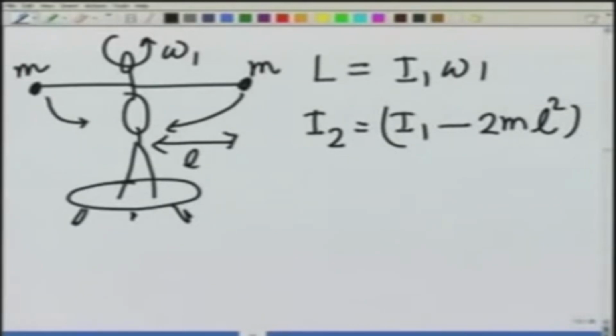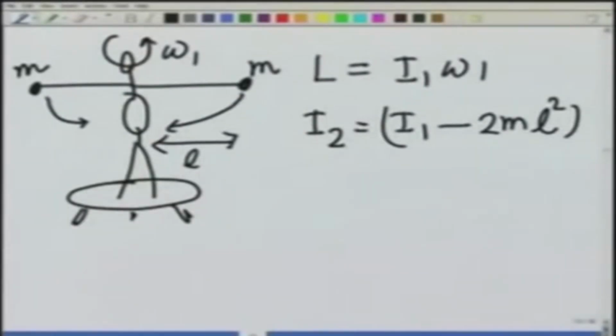However, there is no external torque. This platform is nearly frictionless, and therefore, angular momentum must be conserved. So, I2 omega 2 should be such that the angular momentum remains unchanged.